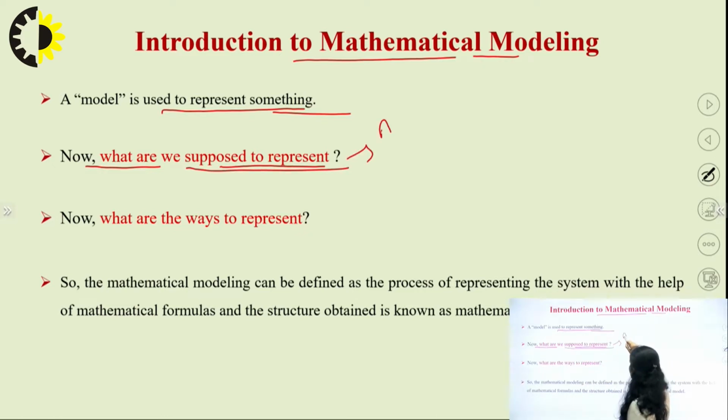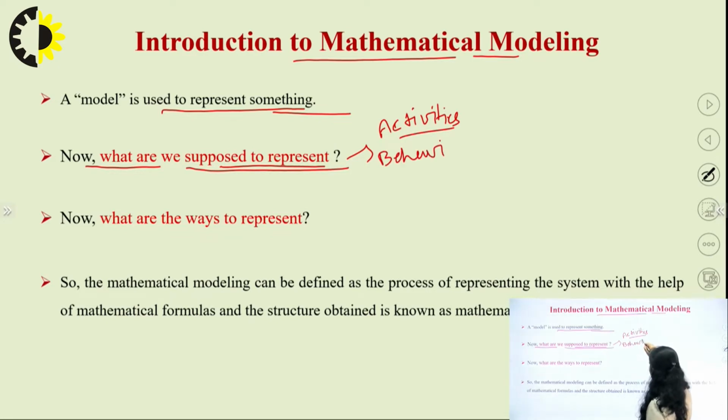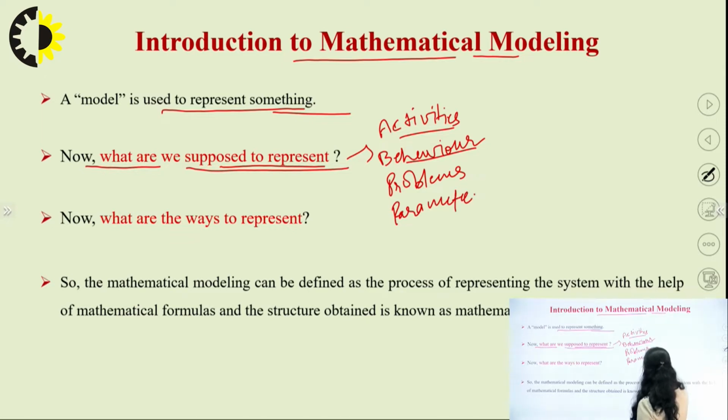We can represent different activities, the behavior of the system, or the different problems and parameters of a system. And for a mathematical model we have to represent all these activities related to a particular problem in a proper format.